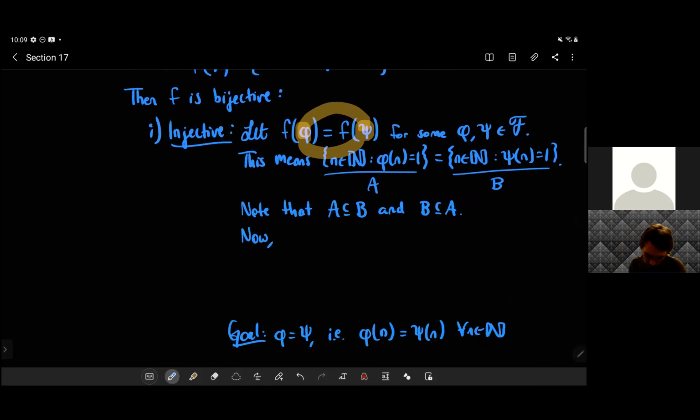And I'll say now, I'm sort of going to break into cases. I don't exactly know what's going to happen with these function values. But I do know that they only have two options. They're either going to be equal to 1 or 0. Right?